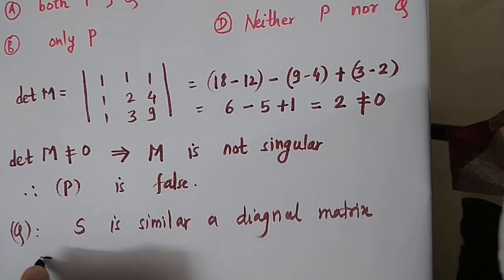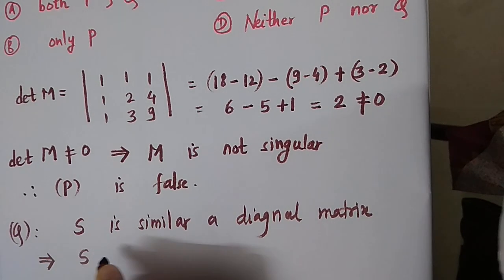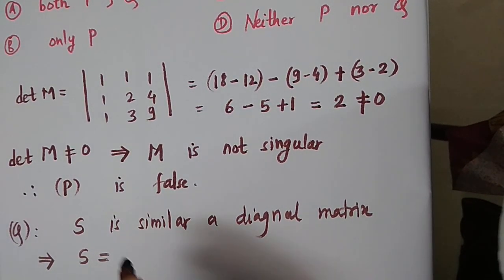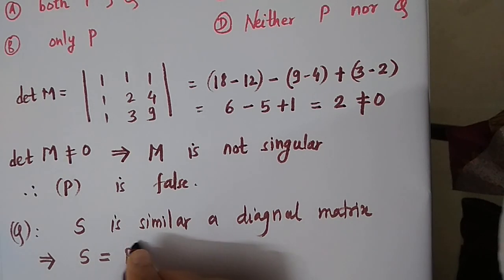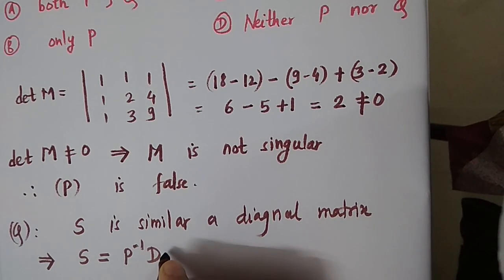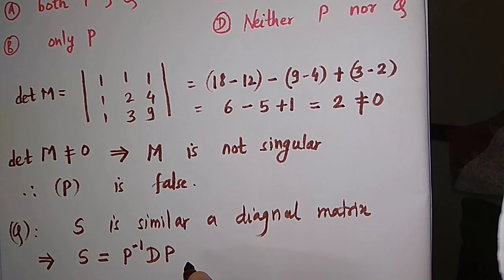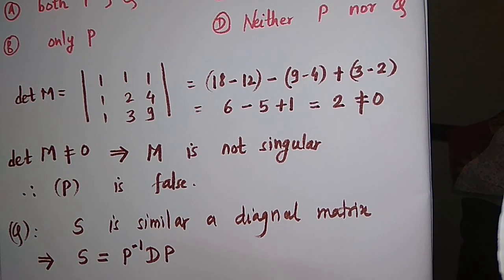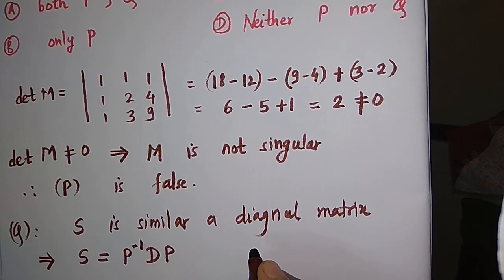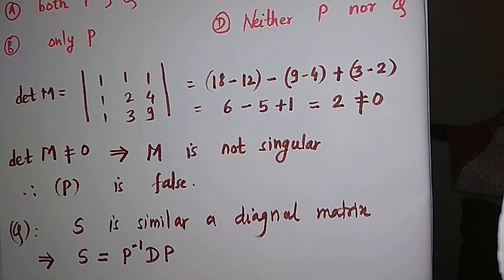This implies there exists some matrix P such that S is equal to P inverse DP, where this D matrix consists of eigenvalues of S and the P matrix consists of eigenvectors of S.